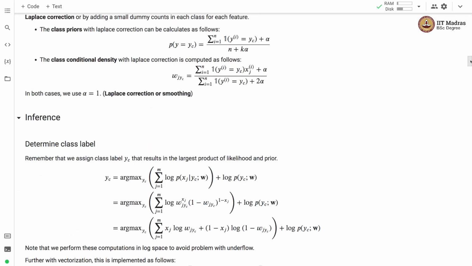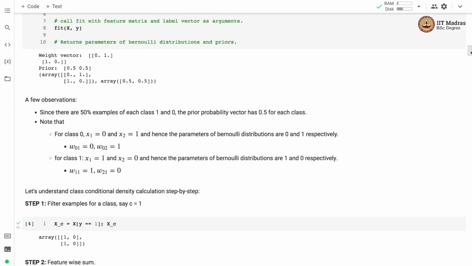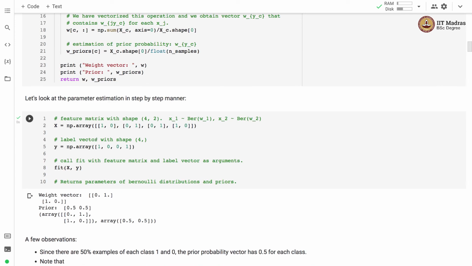And remember, we have set this feature matrix over here. We have a feature matrix with shape 4, 2 with values 1, 0, 0, 1, 0, 1 and 1, 0 for 4 samples, and we have 4 samples with labels 1, 0, 0 and 1.